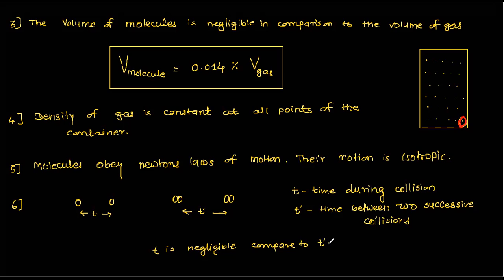When two gas molecules are colliding, that time is negligible as compared with the time between two successive collisions. It means t dash is more.